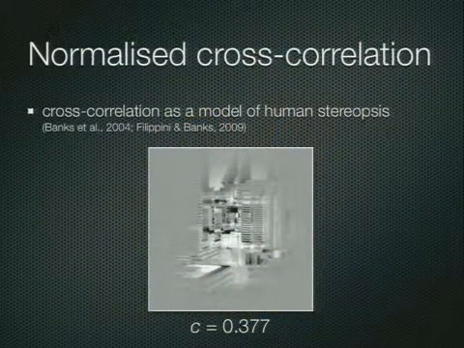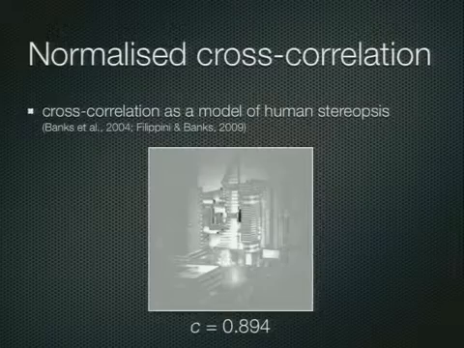This correlation score of about 0.4 is fairly low, but this is done for all disparity hypotheses, and the disparity with the highest correlation score, in this case 0.9, is then taken to be the disparity at this particular pixel. So it's a very simple stereo matching technique in terms of stereo vision literature, but it's very interesting that it correlates very well with human stereo vision.